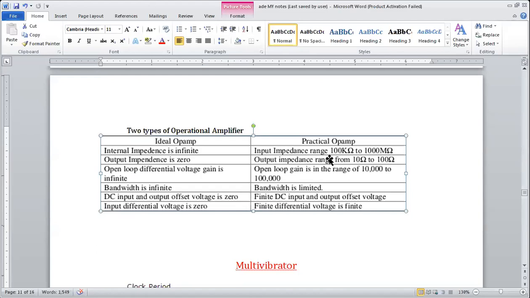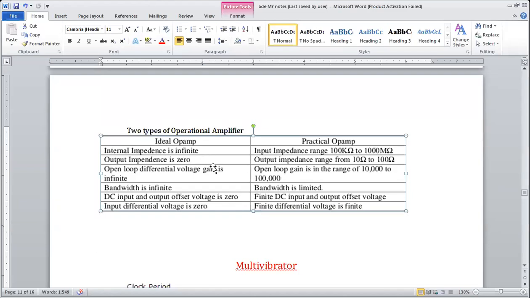The range of input impedance in the practical op amp is 100 kilo ohms to 1000 mega ohms. It has a high impedance, high resistance, so it will not take even very small signals. So that is what input impedance is infinite.